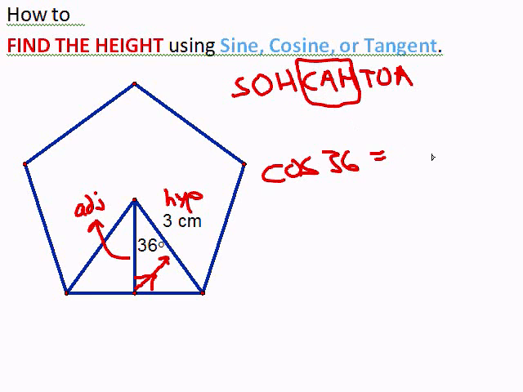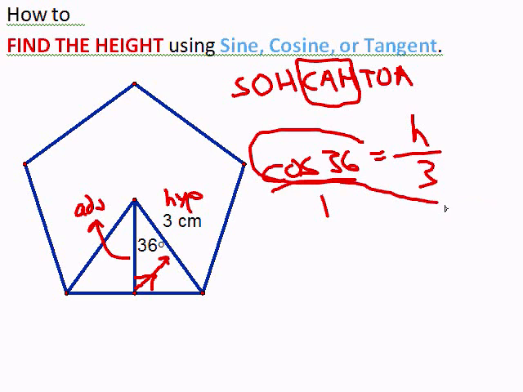cosine of 36 degrees is equal to the adjacent, which we don't know, that's our height. Let me use H for that, over our hypotenuse, which is 3. So I can make a proportion, and I can cross multiply to solve. Cosine 36 times 3 divided by 1 should give us our height.